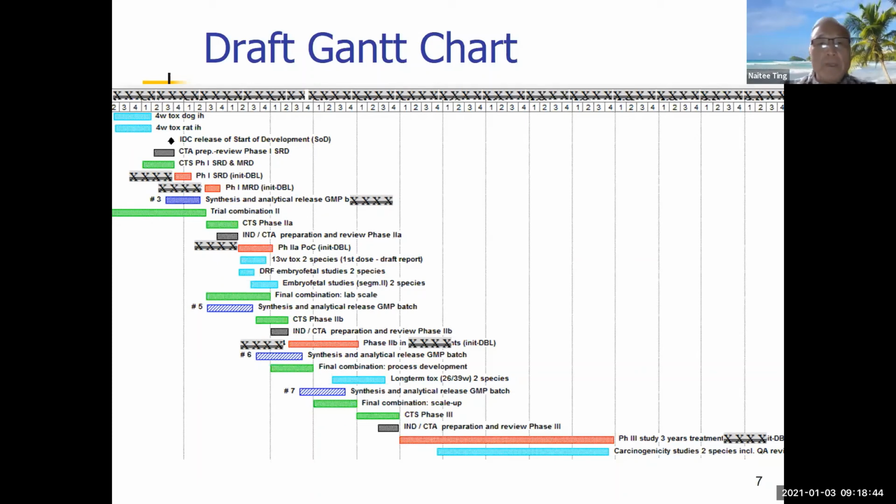Now, phase 4 is post-marketing after the drug is approved. So if we submit NDA in 2032, maybe it'll be approved in 2033, and after 2033, the further development will be phase 4 development.